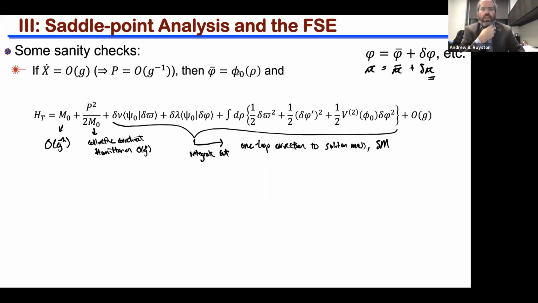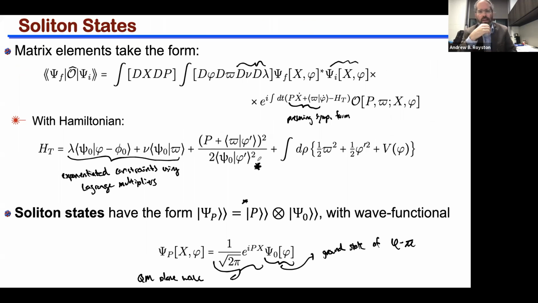Now, because the classical profile here is not actually an exact solution to the time-dependent equations of motion, there are tadpoles. In other words, there are terms in this Hamiltonian that are linear in the fluctuations, and they come exactly from expanding out this denominator around that background.